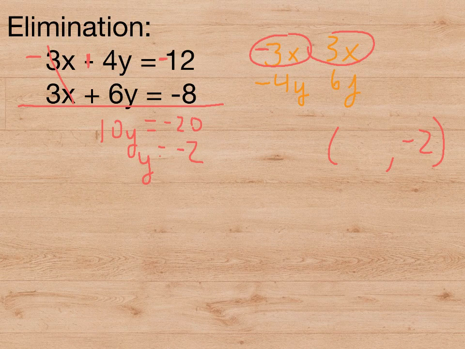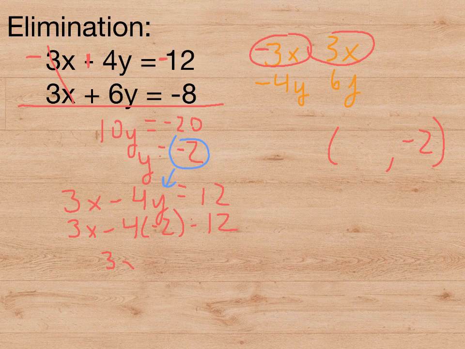So I'm going to go ahead and take that top equation and put the negative 2 in place of y. Then I can continue to solve and find out what x is. So I get 3x plus 8 is 12.